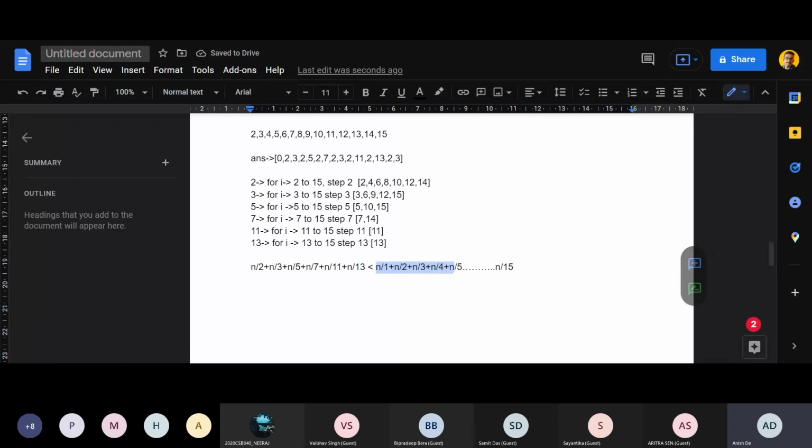Is it true? Yes, because we are adding some extra elements in this expression to get this. For example, we are adding n by 1, n by 4, n by 6. So we are adding extra terms in the left expression to get the right expression. So this value should be less than this value, and you have done this in JEE level. What is the value of this expression? Tell me.